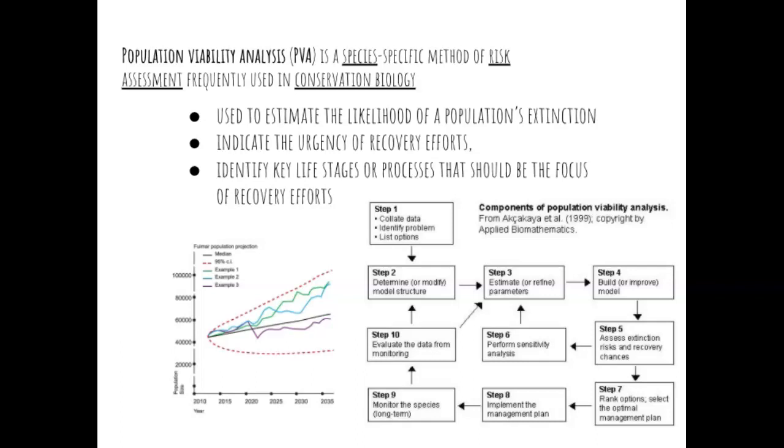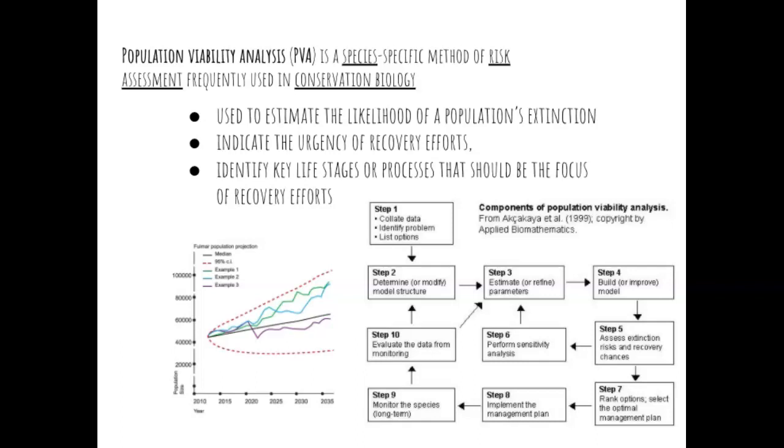It indicates the urgency of recovery efforts, meaning how likely and how quickly a species might go extinct. And it identifies the key life stages or processes that should be the focus of recovery efforts. So if we need to protect larger fish because they contribute the most offspring to the population, the analysis will indicate that those need our protection more than the younger fish.